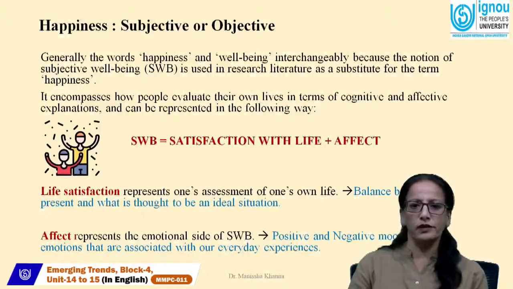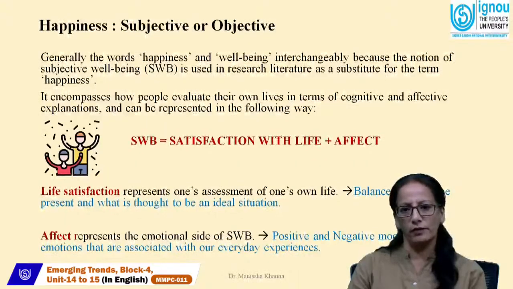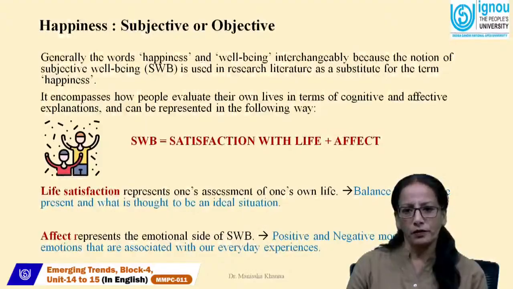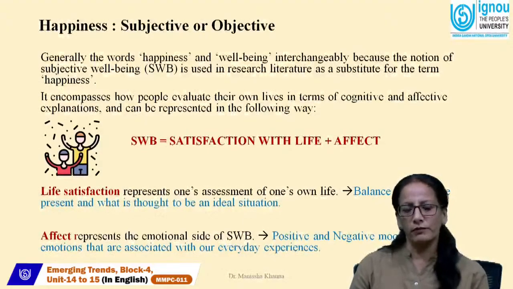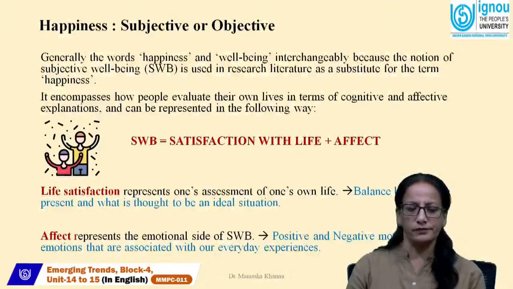So is happiness subjective or objective? Generally, the words happiness and well-being are interchangeable, because the notion of subjective well-being, also known as SWB, is used in research literature as a substitute for the term happiness.